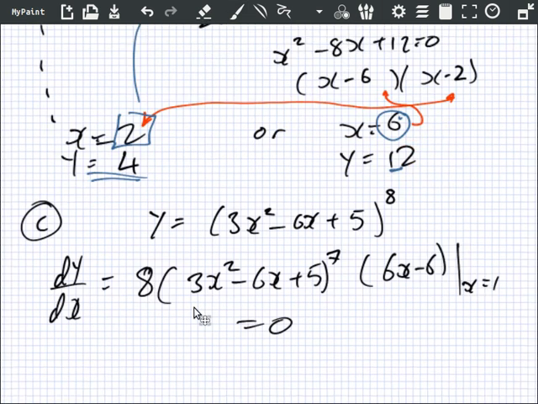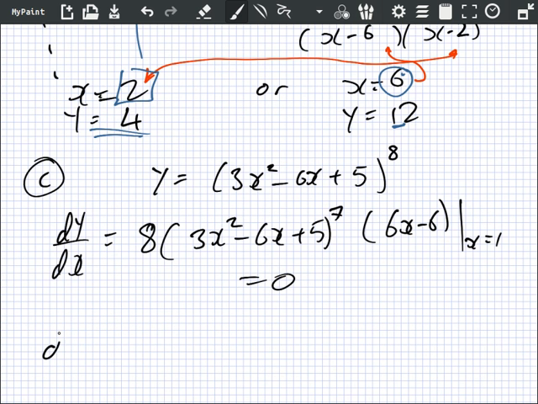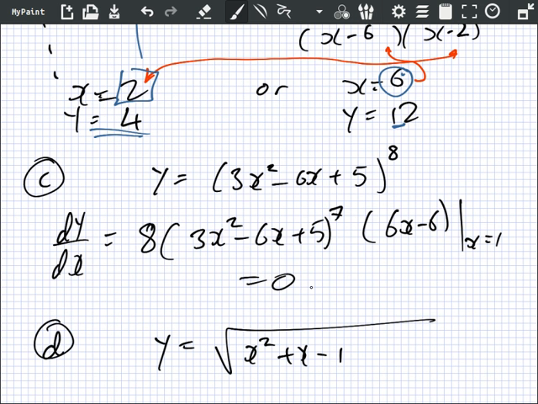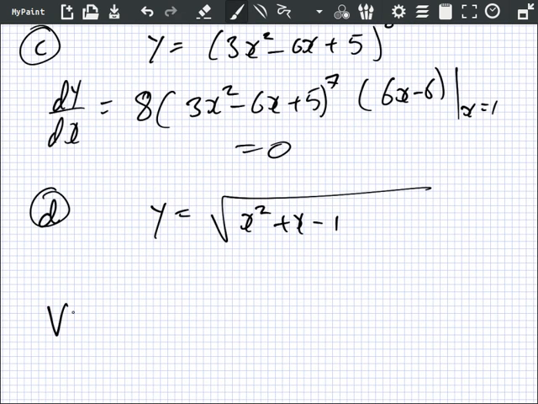Okay. D. y equals root x squared plus x minus 1. Find the volume. So the volume is pi integrate from, what's the limit? 0 to 6, y squared, which is x squared plus x minus 1 dx.